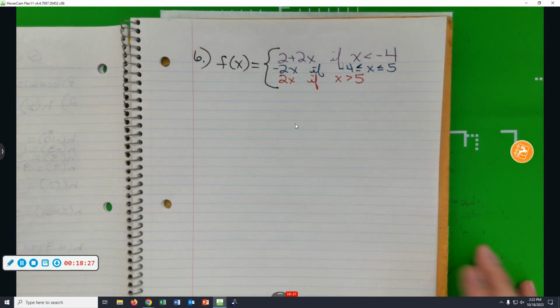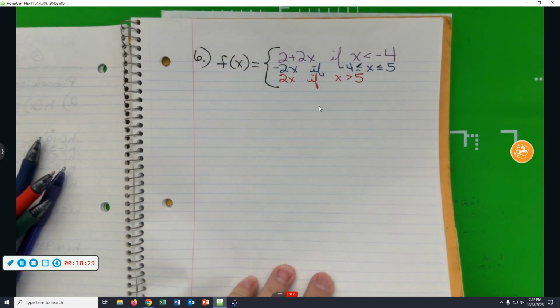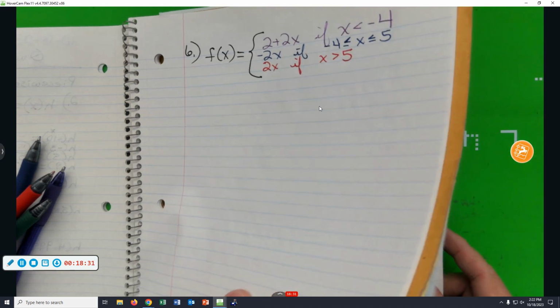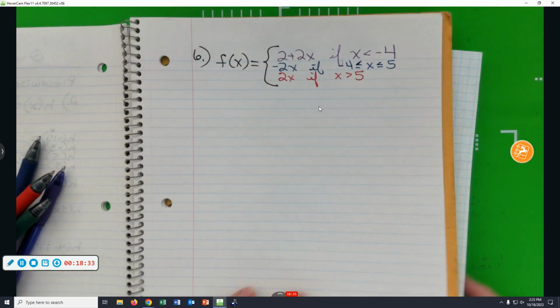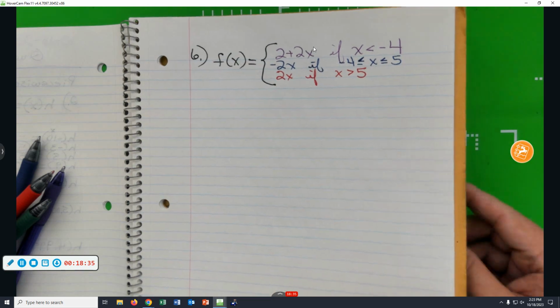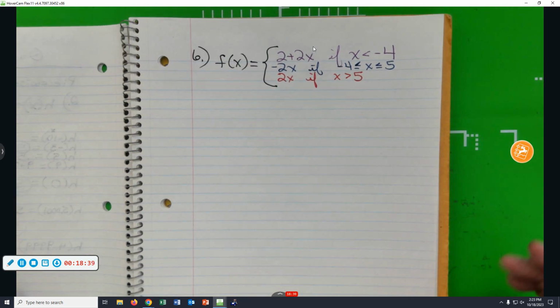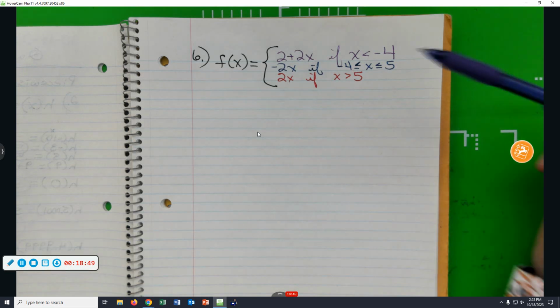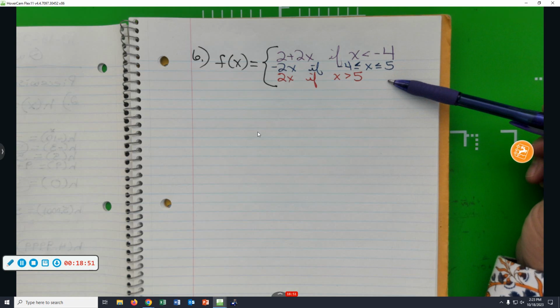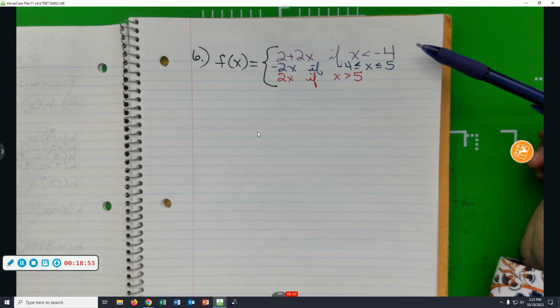The most basic form of graphing is just plotting points. And that's what we're going to do to graph these, but we're going to plot points intelligently. We're not just going to start randomly choosing x values to plug in to create the ordered pairs. There are 3 different pieces, so I'm going to make 3 different tables of values.